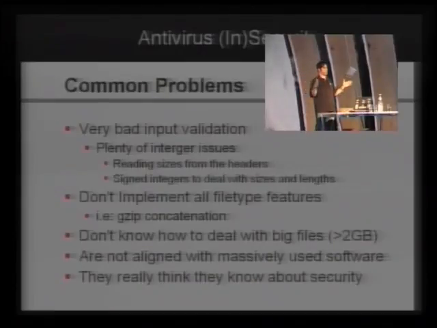You just make the two files one. That is actually aligned with the specifications of gzip. So on some antiviruses, if you just concatenate two files, the first one is analyzed and the second one is not. So that completely bypasses the parsing and the detection engine.